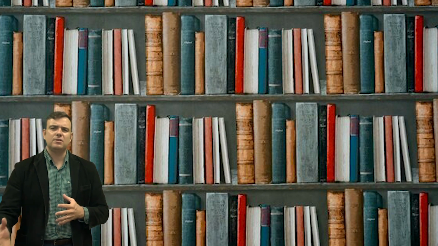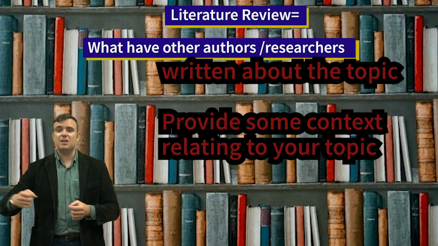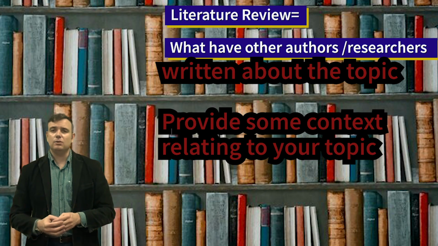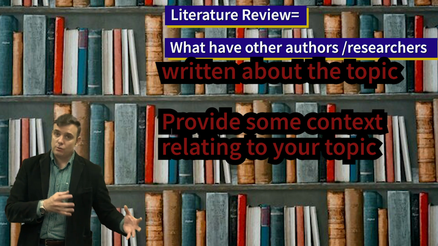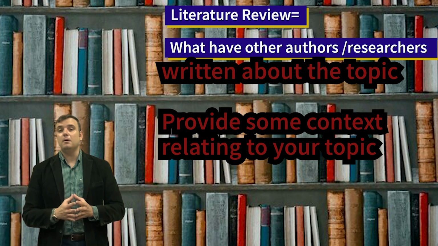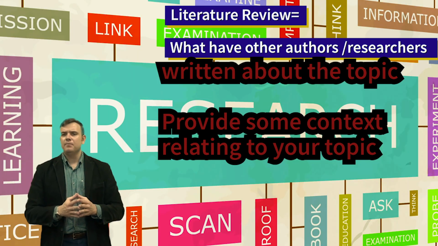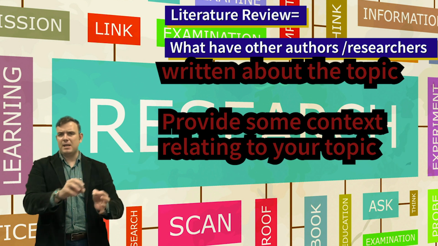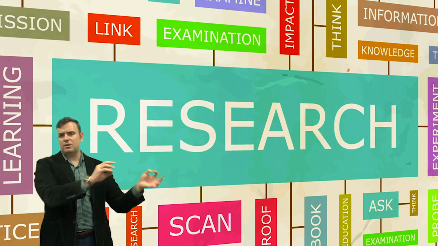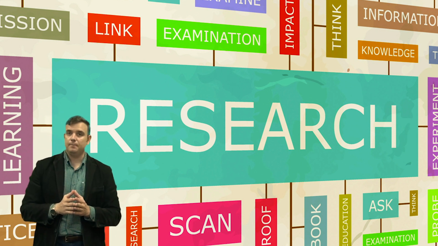You're going to be consulting what other people have written about the topic. Have they said there's no real connection, or have some people said yes, there is a real connection between social media usage and cyberbullying? So you want to provide some context for that reader, and this is where they'll be able to make a connection between your research question and what other people have discussed.